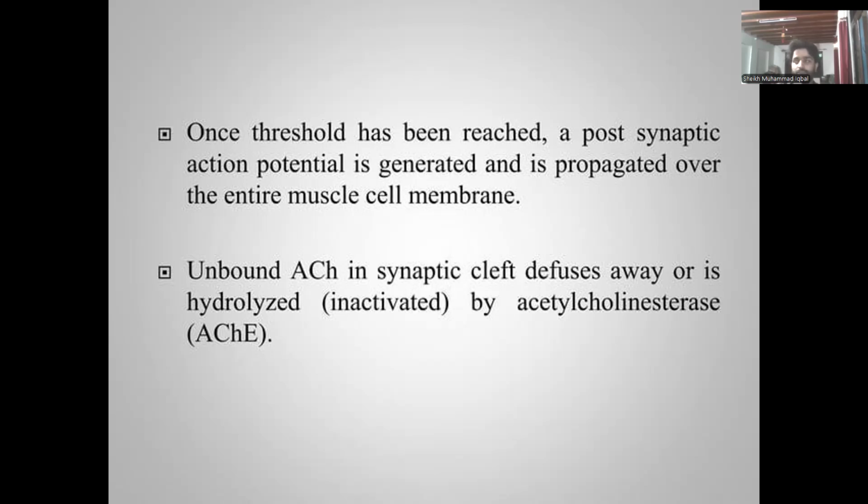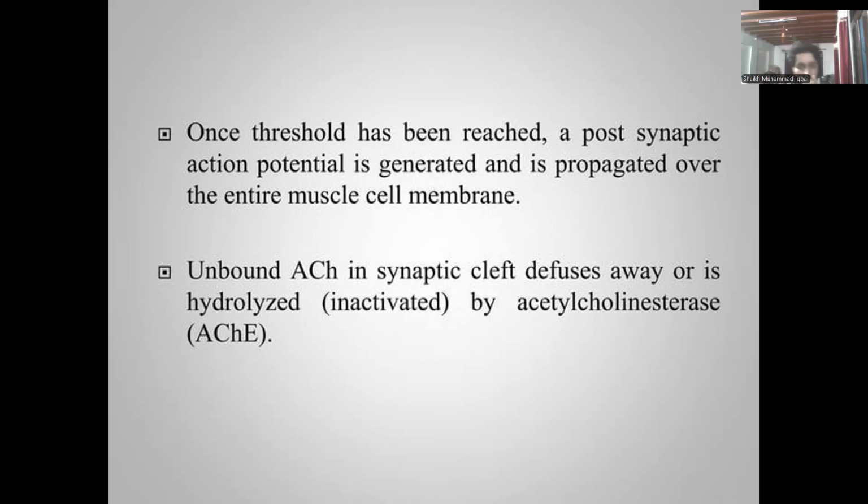Okay. So the neurotransmitter which is unbound in the synaptic cleft will diffuse away or is hydrolyzed by acetylcholinesterase. Basically, whenever any neurotransmitter is released, there are three different actions which happen. One is that majority of it is taken back, which is called reuptake.